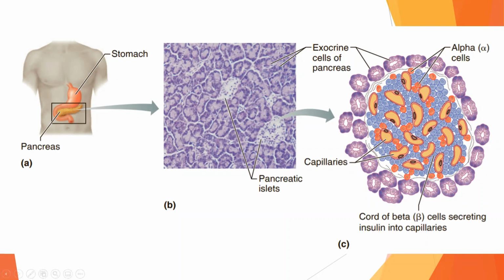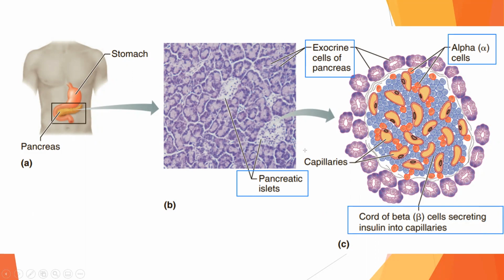Here it shows a microscopic view of your pancreas where it will show your pancreatic islets. Each pancreatic islet will have this structure. You will have your exocrine cells on the outer part, and inside of your pancreatic islets, we have your alpha cells and your beta cells, as well as capillaries.